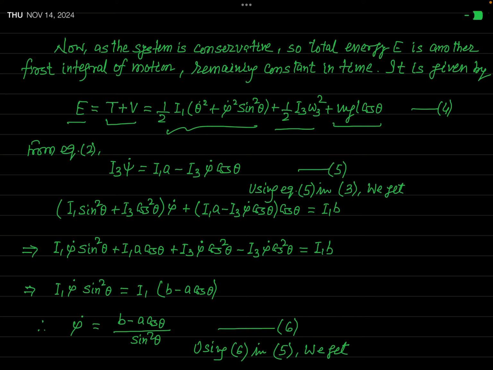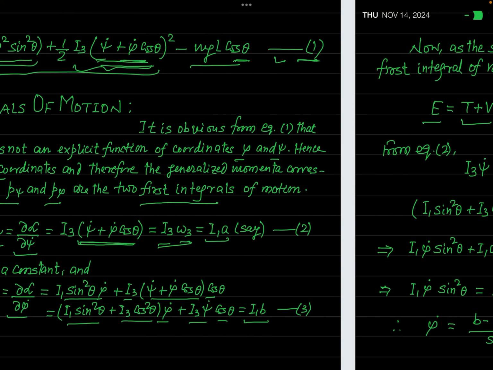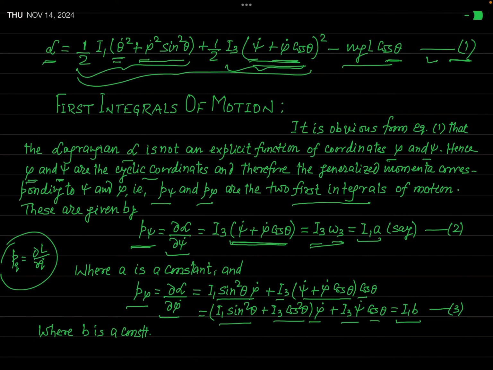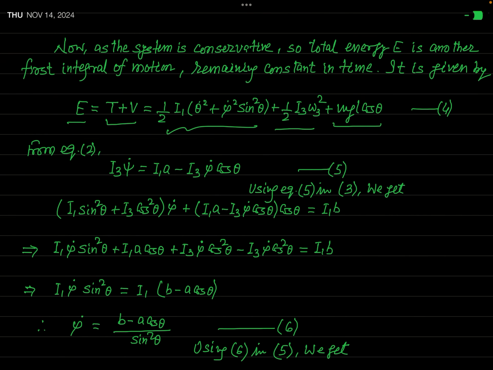Now our aim is actually to find the generalized coordinates, and for this we will have to solve these equations. So let us first see equation number 2. Here you can see that I3 psi dot plus I3 phi dot cos theta is equal to I1 a.